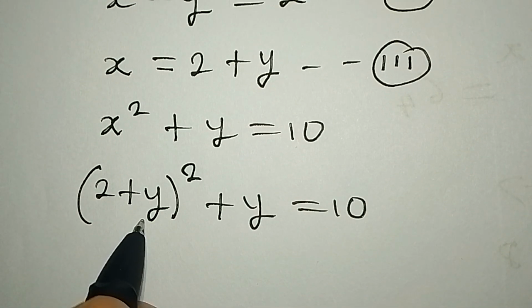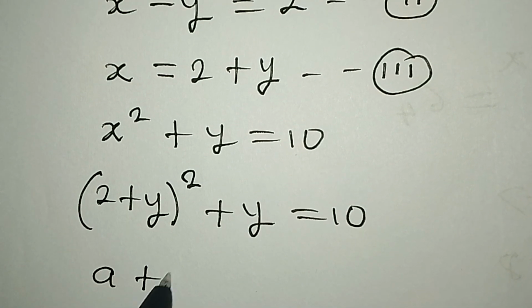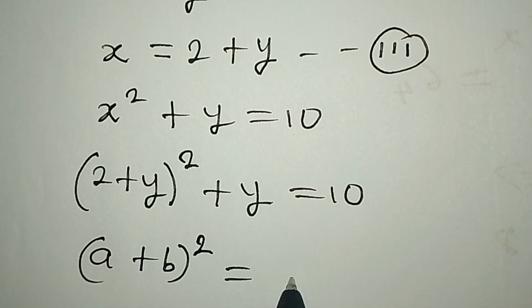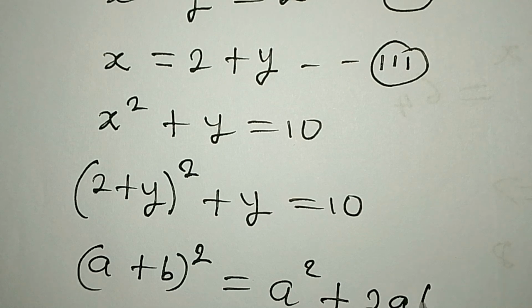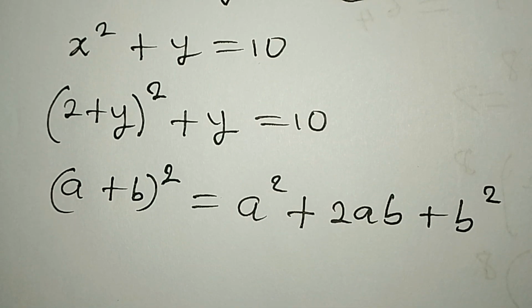To continue with this, we are going to square what we have here. Remember, (a plus b) to the power of 2 is equal to a squared plus 2ab plus b squared. This is what we have.